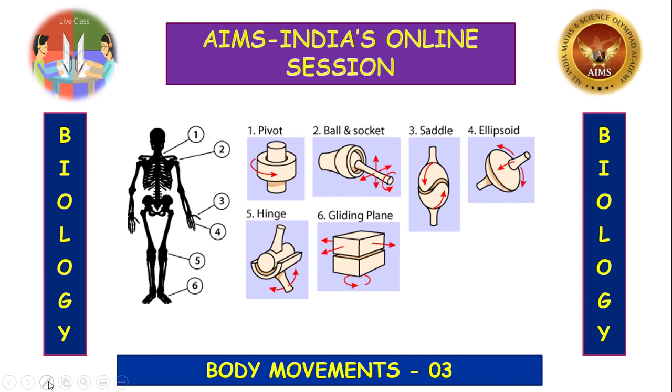So for example, you can take this ball and socket joint. Where is this ball and socket joint present, children? Yes, they are present in the shoulder and in the hip region. They move in all directions. These arrow marks indicate the direction. Whereas if you take the pivot joint, where is it present?